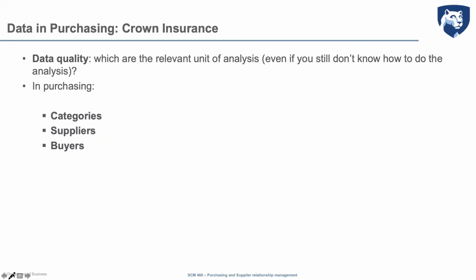The first step, again, is understanding the data quality. In particular, in purchasing, the units of analysis are, when I want to define a category strategy, I need to understand, of course, if I have data about the categories, if I have data about the suppliers, and if I have data about the buyers that have managed the orders.